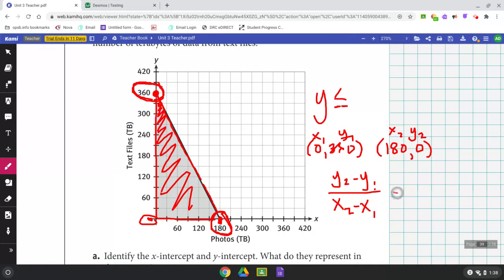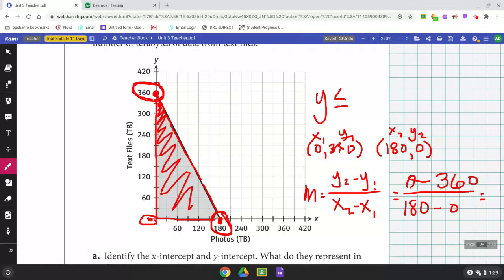So your slope is going to be 0 minus 360 all over 180 minus 0.